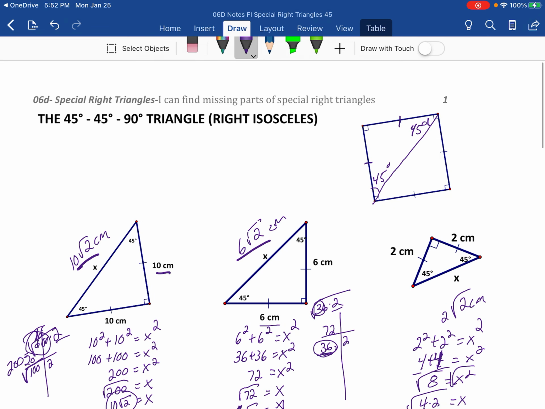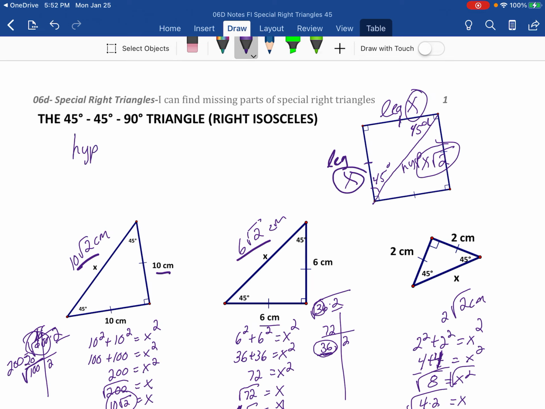So that's the biggest conclusion. For a 45, 45, 90, here is my leg, here is my leg, and here is my hypotenuse. If this was x, this was x, then my hypotenuse would be x radical 2. Okay?